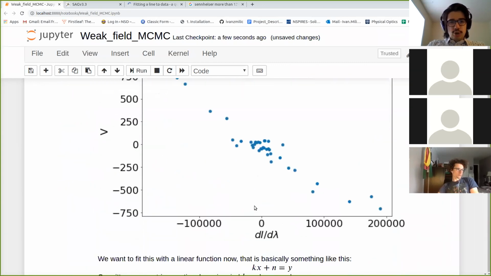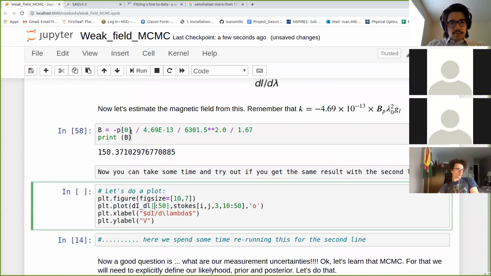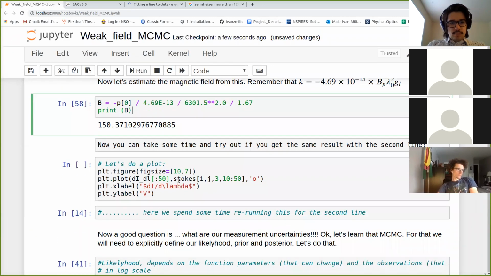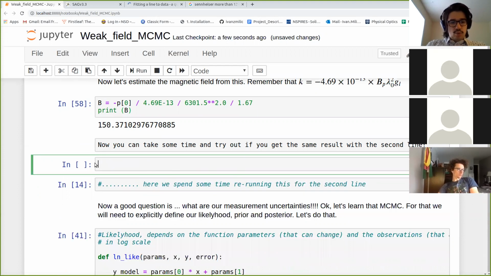For the second line, I'm going to use even fewer points. Yeah, I don't actually need to do all this.